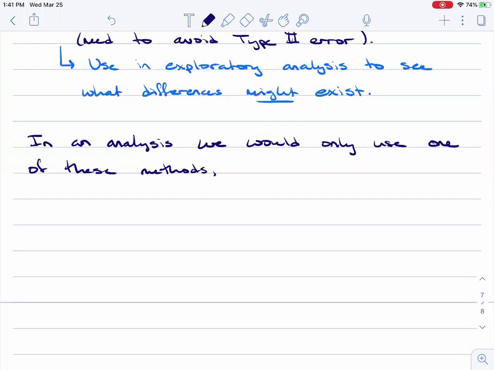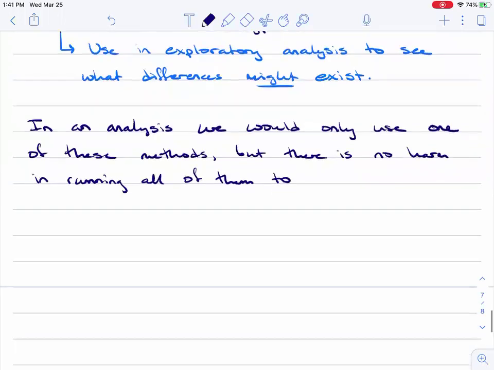But I would say there's no harm in running all of them to see if there are any discrepancies.